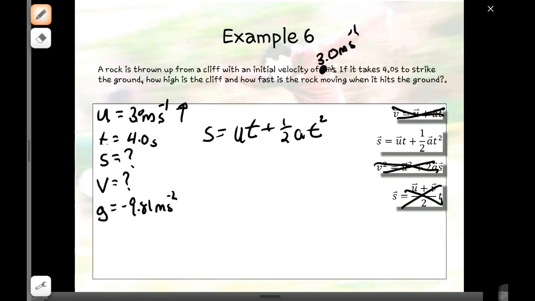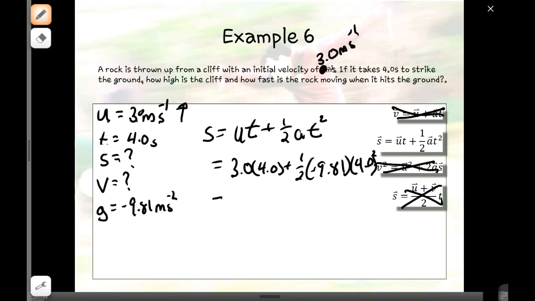I do have an initial velocity now, which is 3.0, and my time is 4.0, plus 1/2, in this case negative 9.81, because it goes down, times 4.0 squared. Now we just have to type this into our calculator.